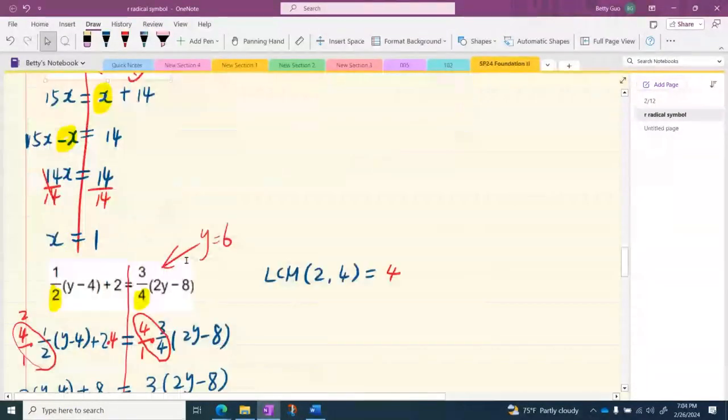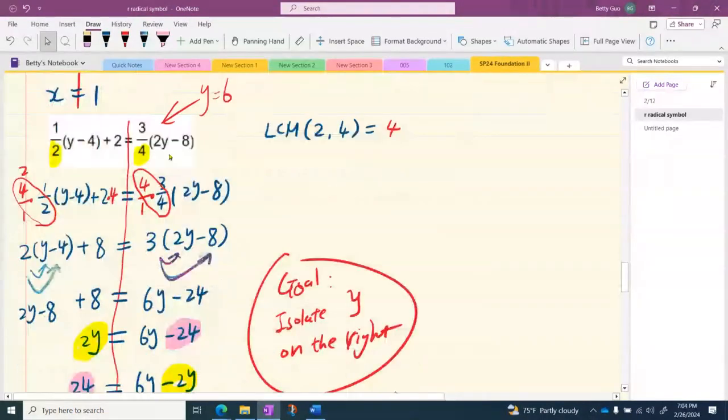And this equation is also a conditional. The variable y equals 6, because this equation is only true under the condition that y equals 6. When y assumes other values, like any other real numbers, the equation will be false, will not be correct. So this is a conditional.